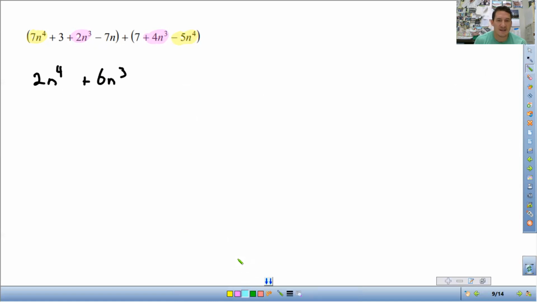Next is the minus 7n. And then last are the constants. So we have 7 and a plus 3, so that is plus 10 at the end. That is it.